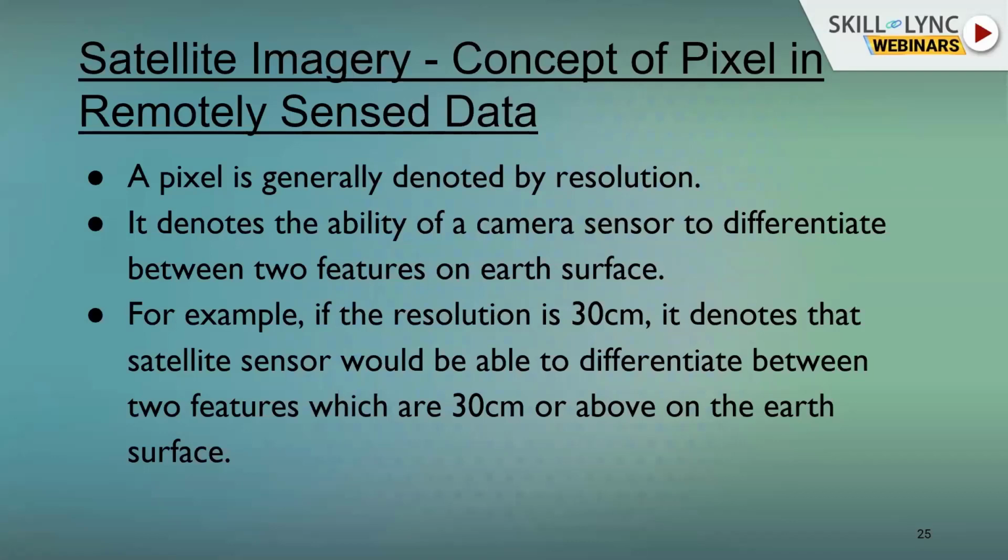Now the concept of pixel. What does that pixel actually denote? The pixel will give us some values, and those values can be numeric, integer, or character, anything, based on the sensor of the satellite and the application for which the satellite has been sent into space.